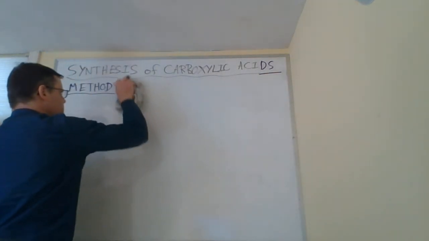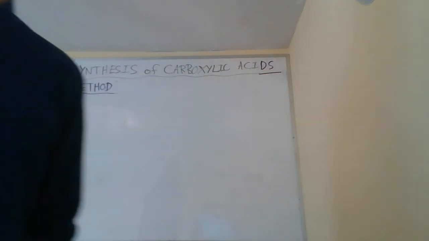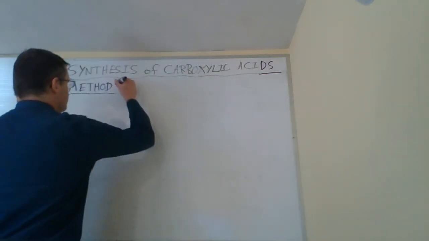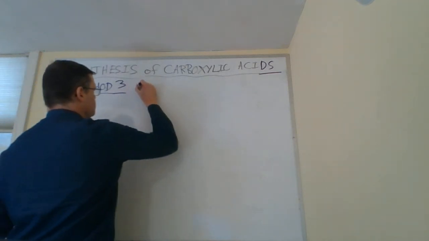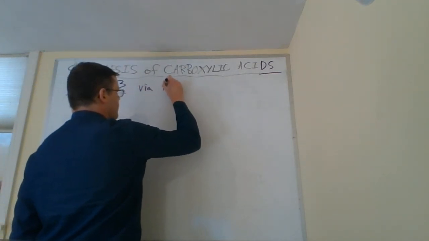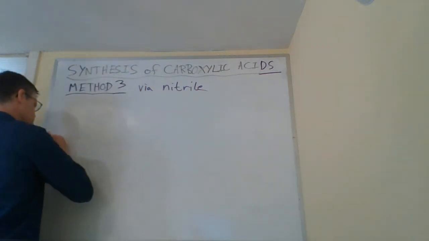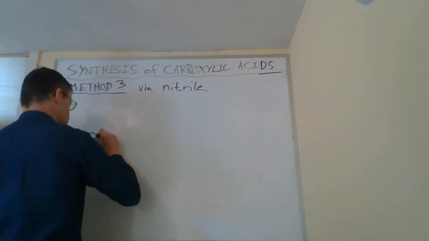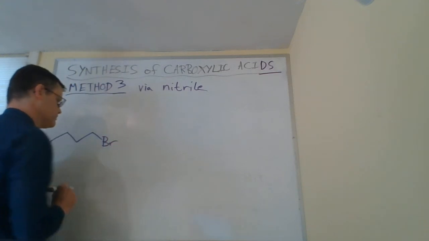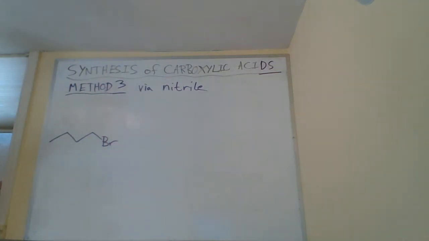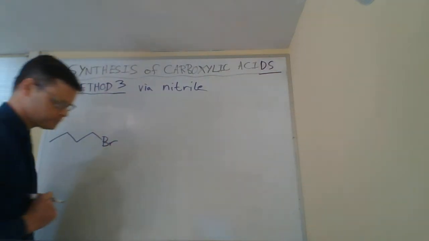All right, and the third method is probably something we're not very familiar with yet, and that is we're going to go through a nitrile. Now we're still going to start with an alkyl halide here. I'm going to start with the same one, 1-bromobutane.